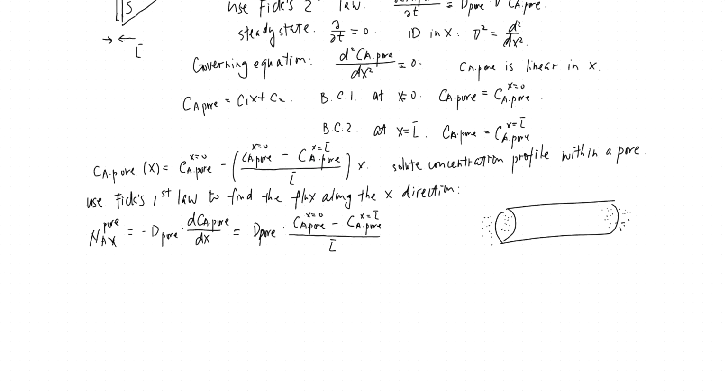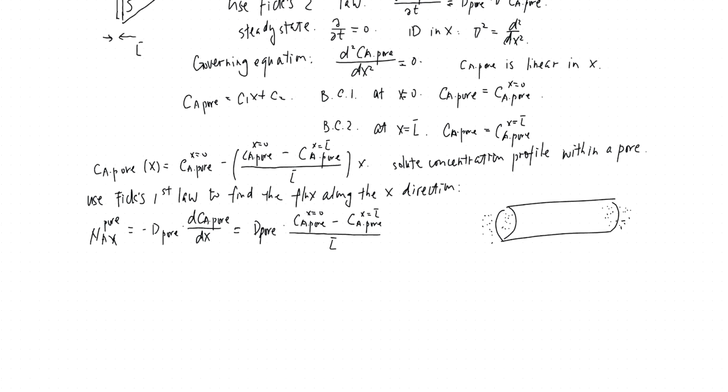And if we want to express the flux in terms of the bulk concentration, we can do that. We just use the partition coefficient we discussed in the last lecture. So we know K equals CA evaluated at the pore mass divided by CA evaluated at the bulk. Both are taken at the pore mass, this location.